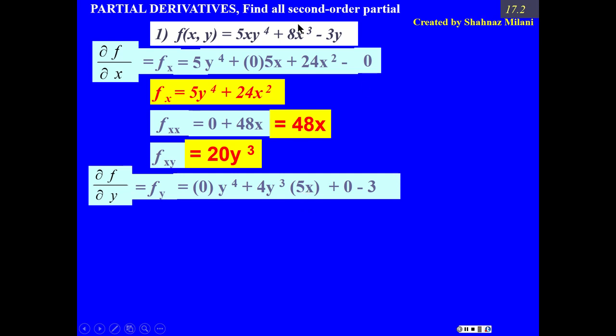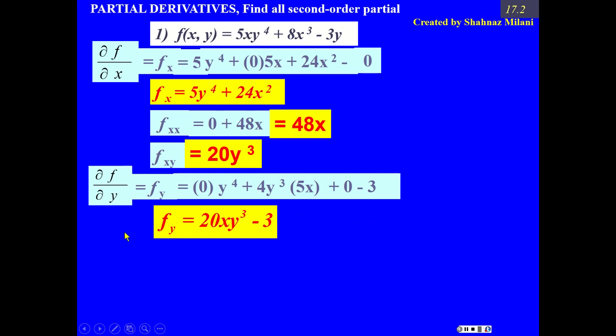Then, the derivative of 8x to exponent 3 based on y is going to be 0. The derivative of minus 3y based on y is going to be minus 3. Now, this is gone and this is gone. Right here, 4 times 5 is going to be 20xy cubed minus 3.